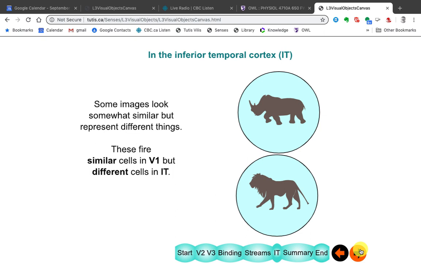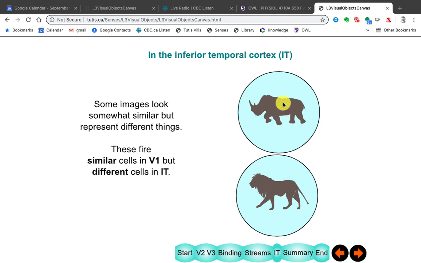The same in LOC. Well, first of all, the activity might look quite similar in V1. For example, there might be a group of cells here that define the back, and the same group of cells here that define the back here.